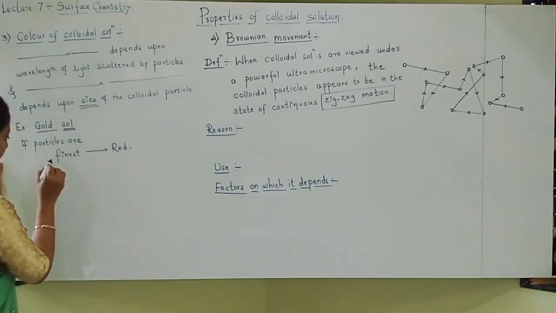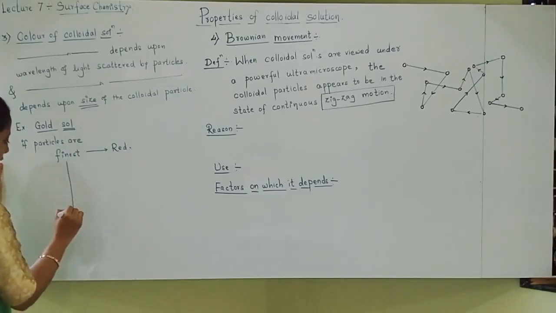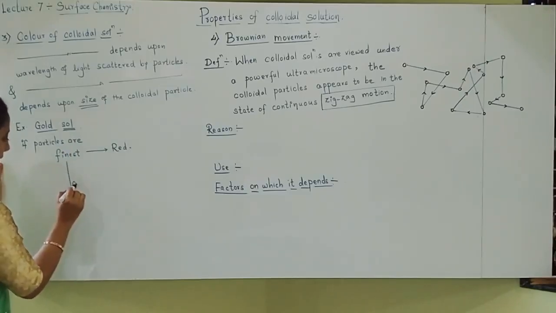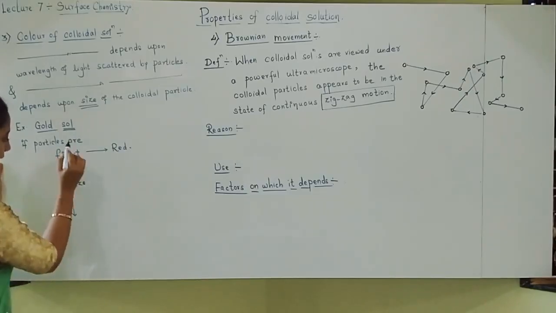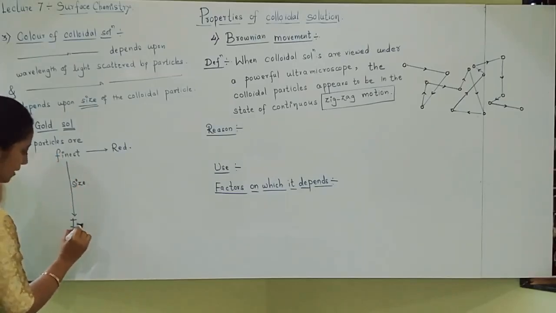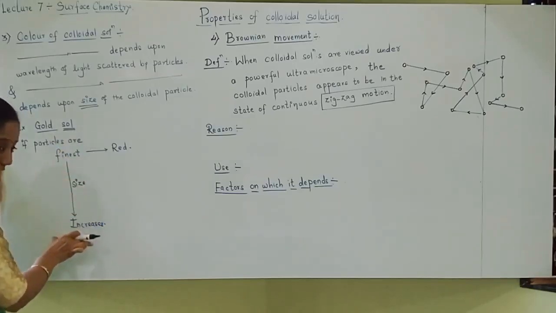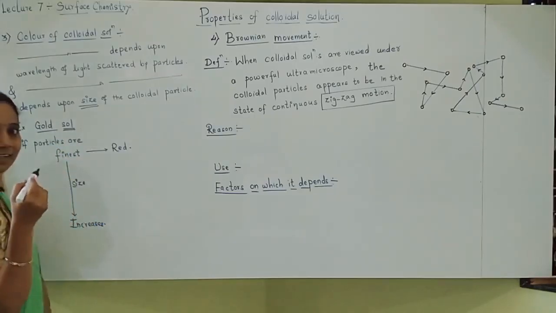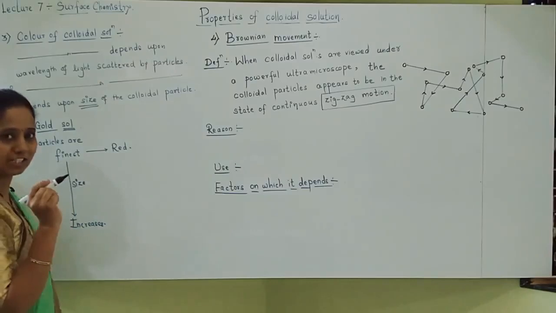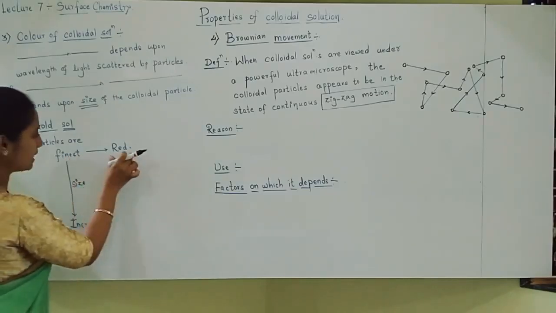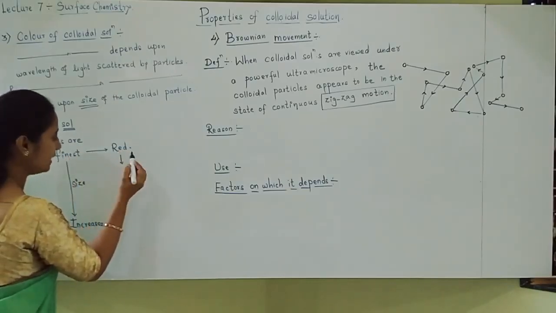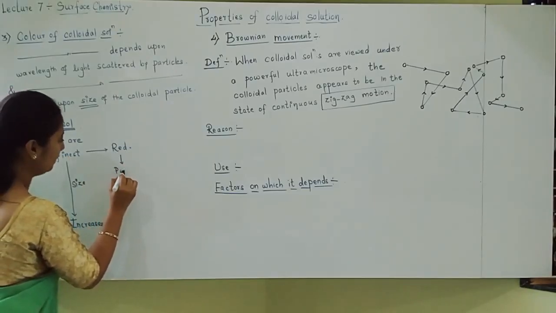How does size go on increasing? I will show it here with an arrow. The size of the particle increases. As the size of the particle goes on increasing, the color of the gold sol goes on changing. Very small size is red, then as size increases, red becomes purple.